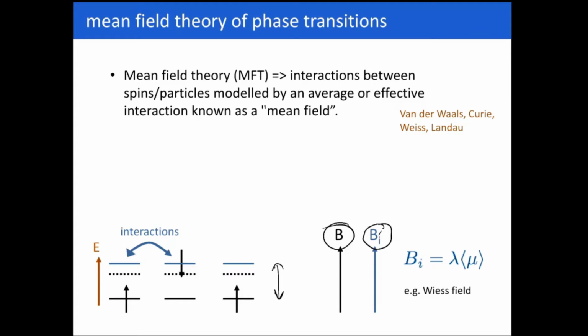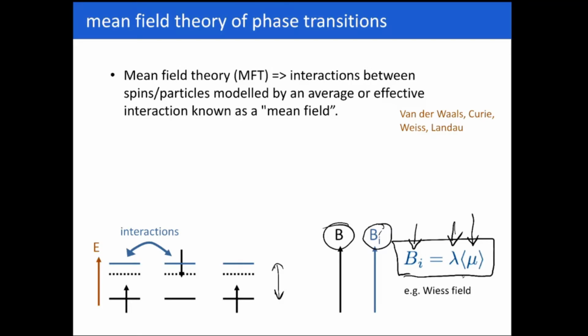Okay, so as I said before, this mean field that one can use to approximate the interactions in the system that give rise to the magnetism, to ferromagnetism, you can write in this form. So it will be the actual average moment of the system averaged over all the sites times some constant mean field parameter, and that gives you the mean field on a given site.